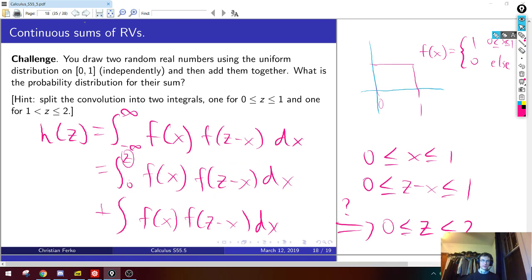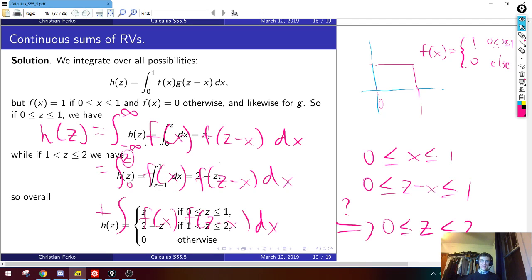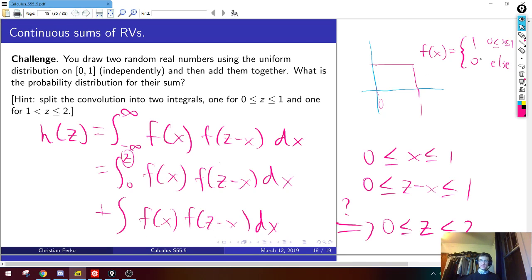Good. So the first one is 0 to z, which means the second one, I think, should be indeed from z minus 1 up to 1. Why z minus 1 up to 1 on x? Well, because, oops, having a bad time. There we go.